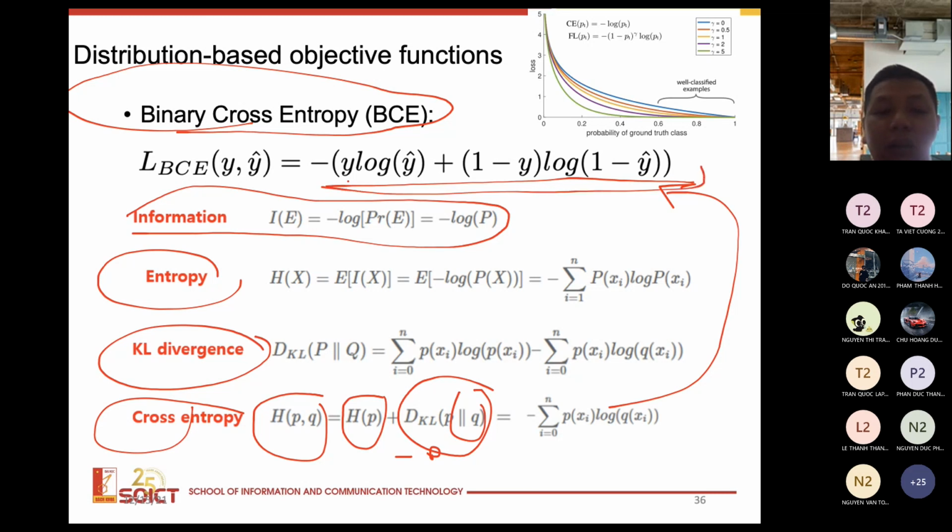Minus y log y hat plus 1 minus y log 1 minus y hat, right? So y hat here is a predicted value, and it can take a value from 0 to 1, right?